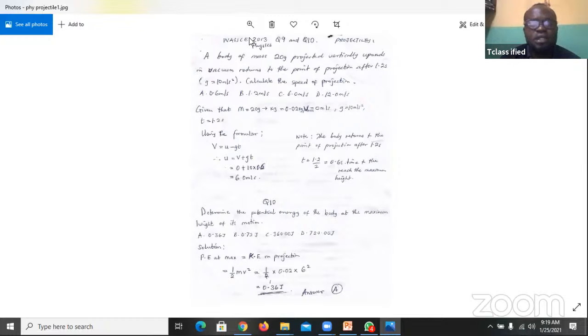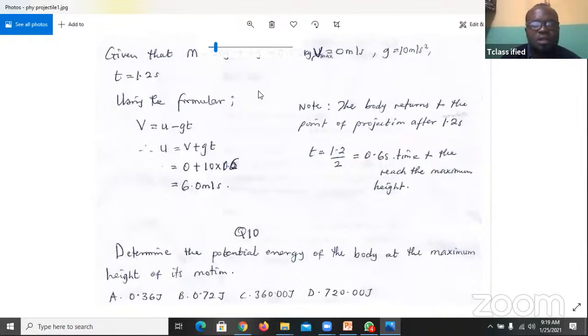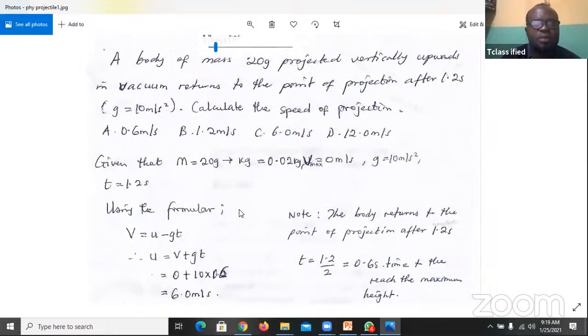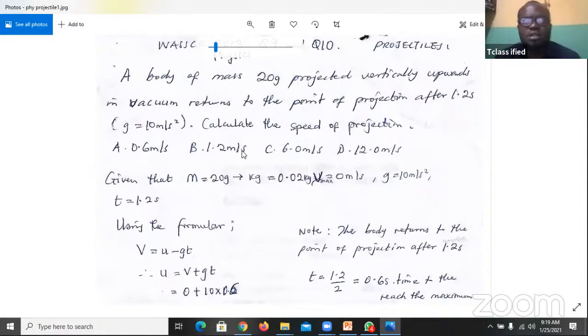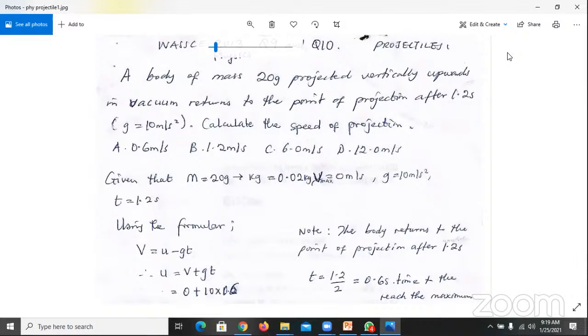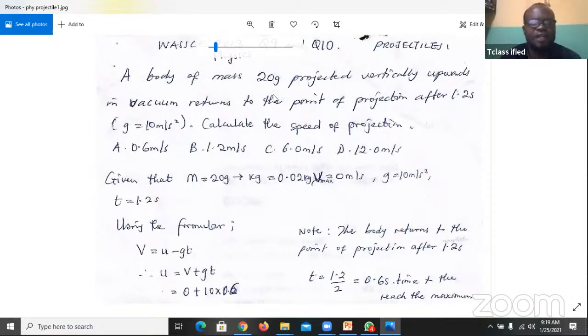So let's look at this first question. We're looking at a circular motion question as well as projectile. We have this WAEC question 2013. A body of mass 20 gram projected vertically upwards in vacuum returns to the point of projection after 1.2 seconds.